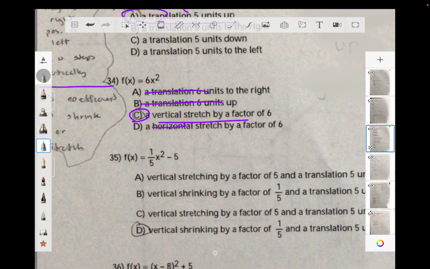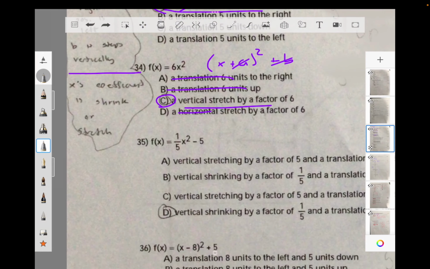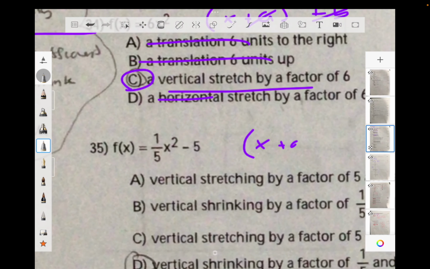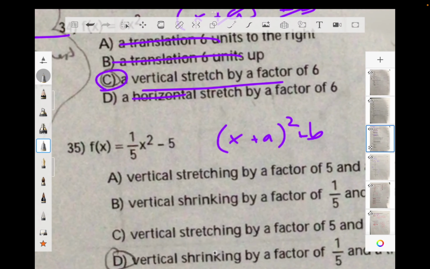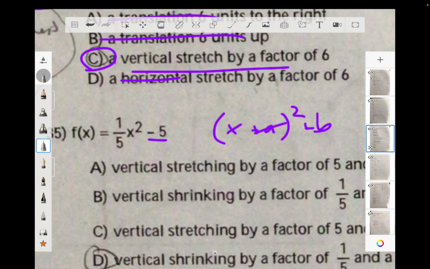Okay, and if you want to apply x plus a squared plus b, a doesn't exist, b doesn't exist, and then the coefficient would go right here. Okay, so then x plus a squared plus b, a doesn't exist, there's a coefficient, so we know it's going to stretch or shrink, and b is -5, because it's outside of the exponent, so it's b.